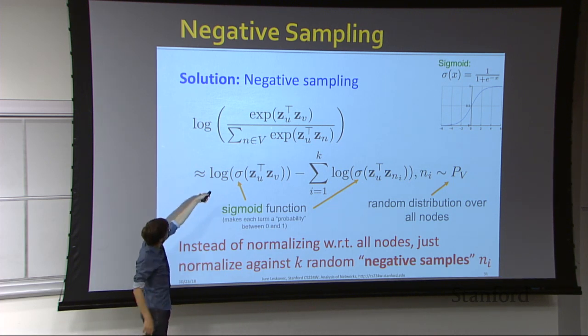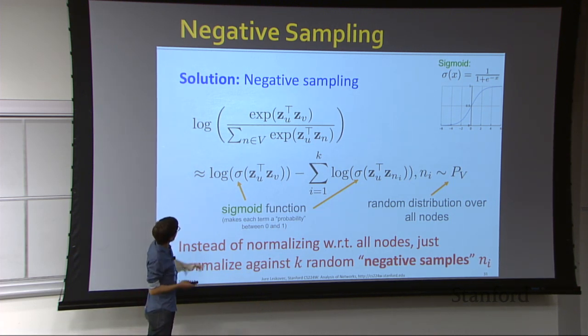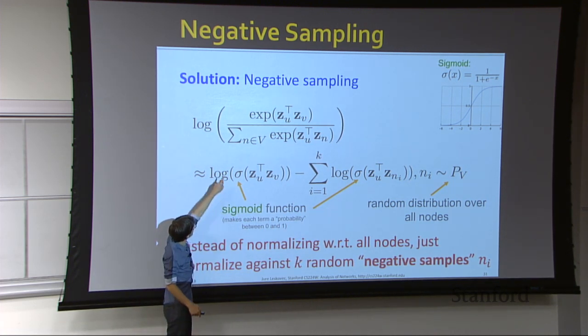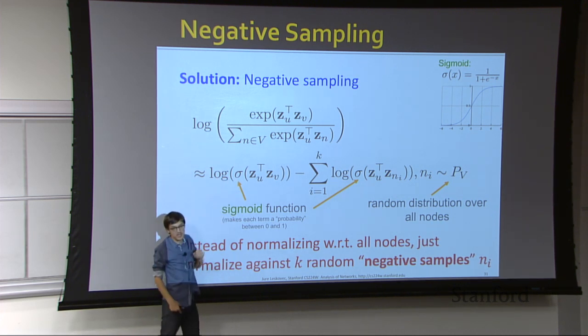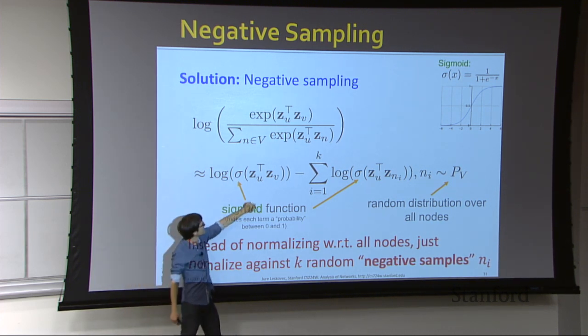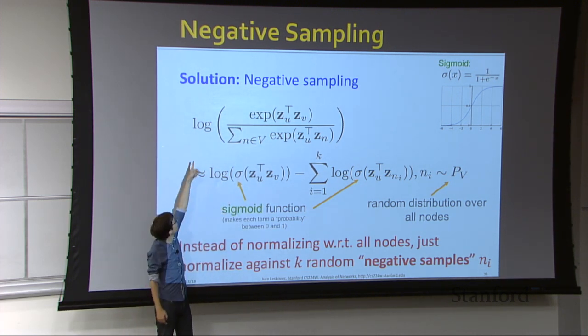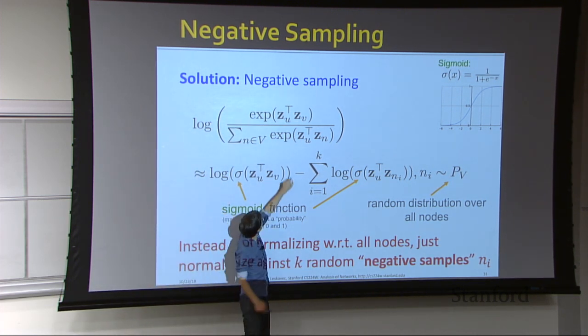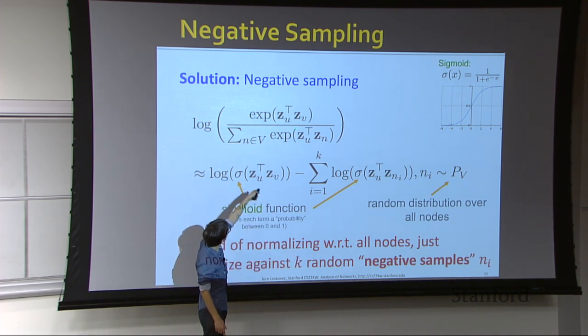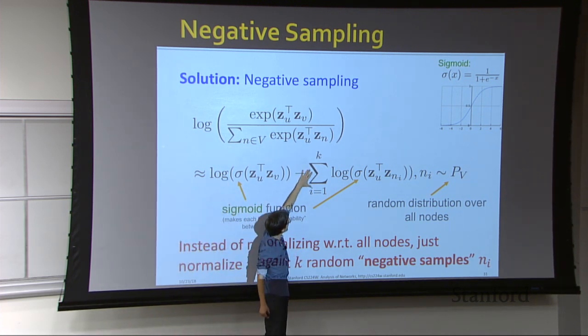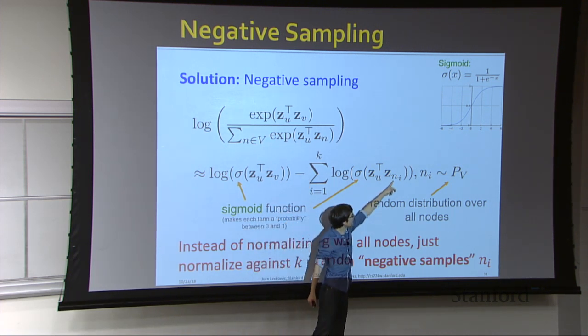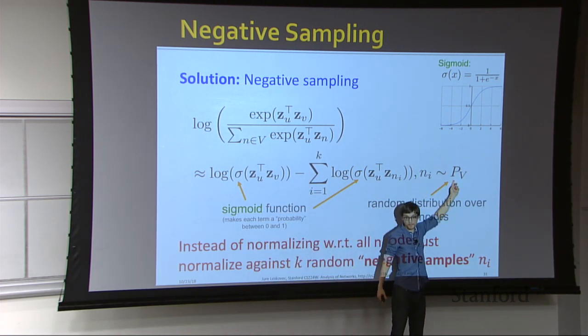But rather than working with this exp, we will think of it the following way. We will replace the exponent with a sigmoid function. So now this is the dot product passed through the sigmoid, and then I have the log from before. And then rather than summing over all the nodes, I will just sum over k nodes that I pick at random.